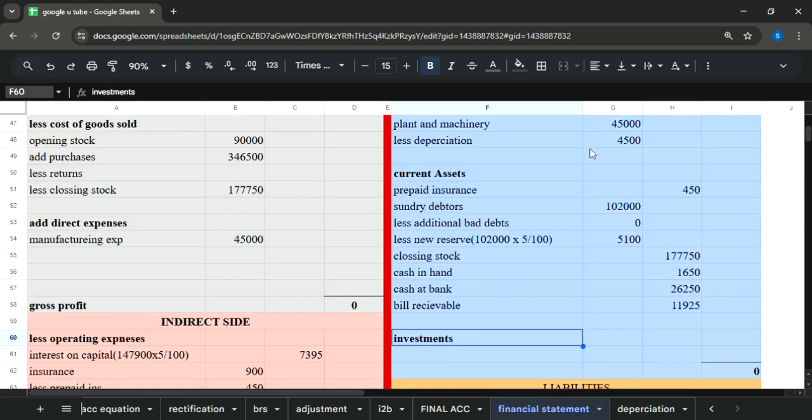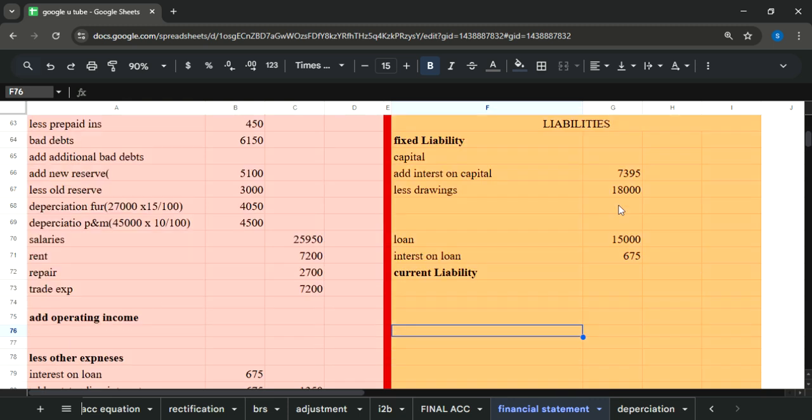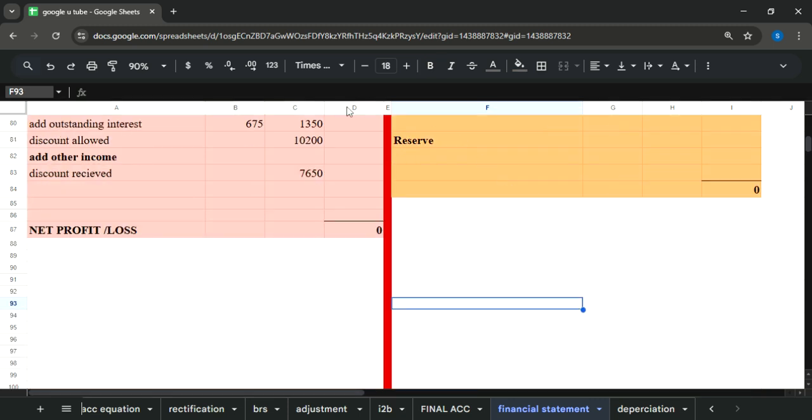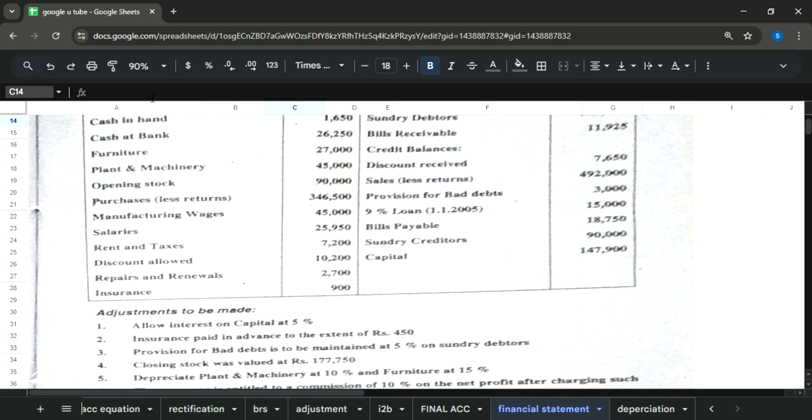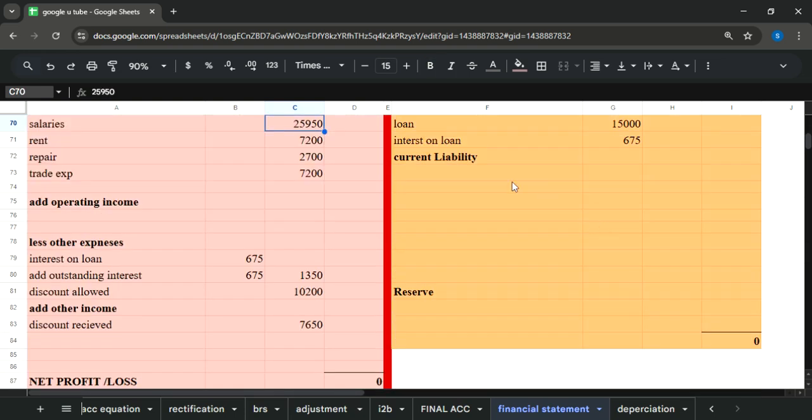You have mentioned over here the amount of loan, and then you have calculated, look over here, 15,000, 9% was calculated, which was mentioned over here, 9%, 15,000.